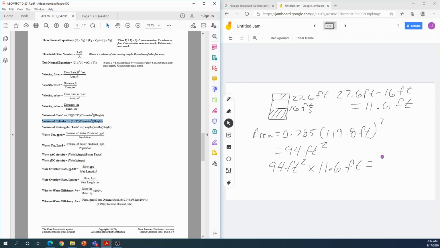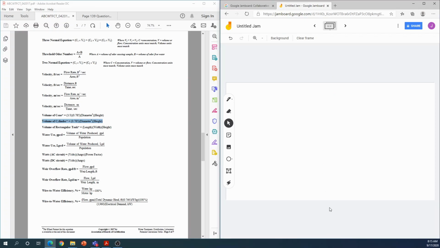This is going to equal 130,689 cubic feet. Doesn't do us a whole lot of good. We need to go ahead and convert this cubic feet into gallons. So we know we have 130,689 cubic feet.